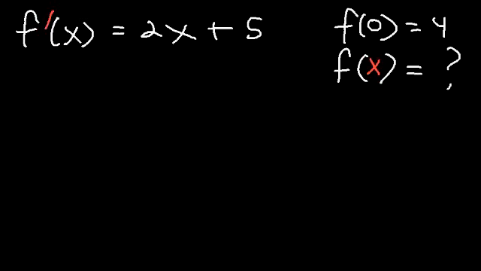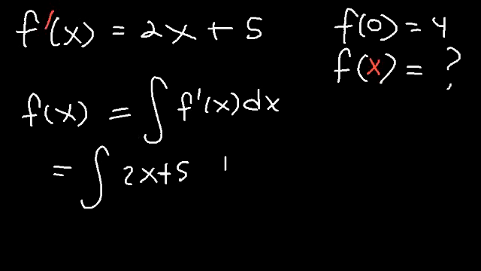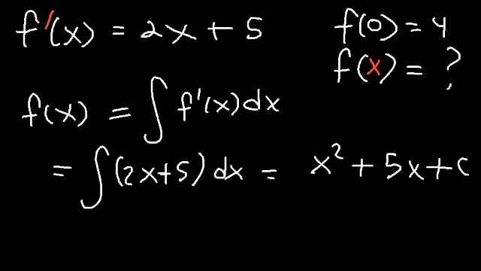So let's integrate this expression. F of x is going to be the antiderivative of f prime of x. So the antiderivative of 2x plus 5 is x squared plus 5x plus c. So f of x is equal to this expression.